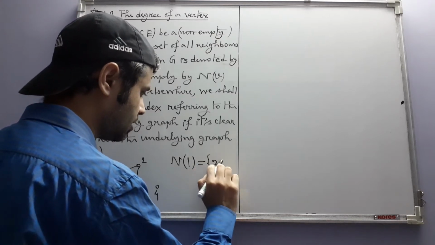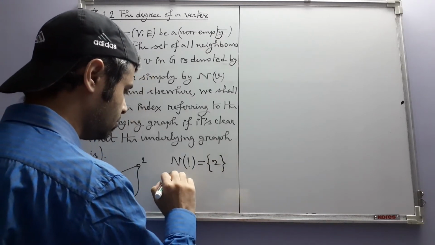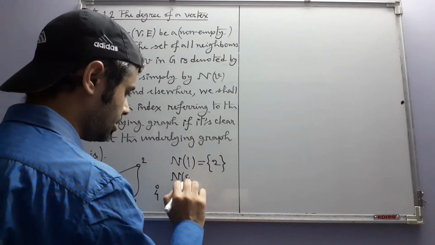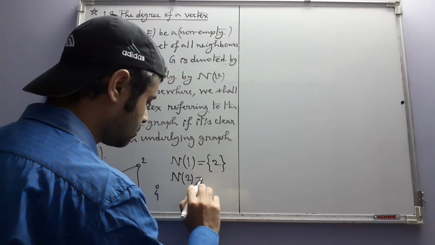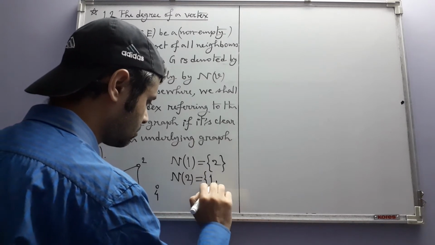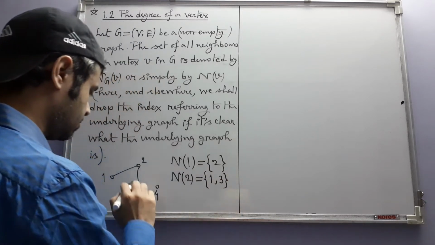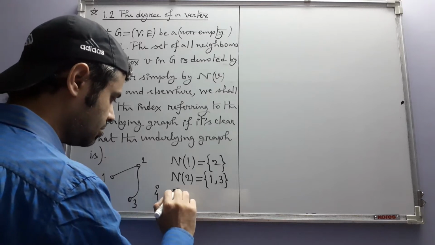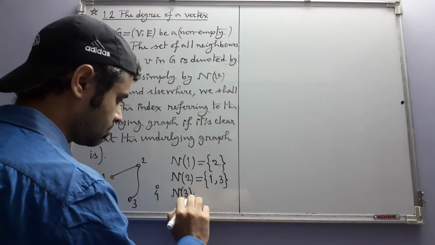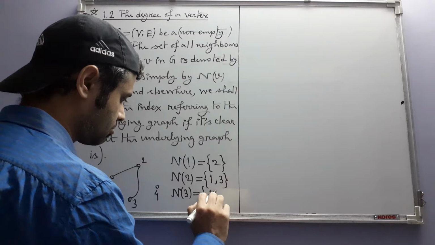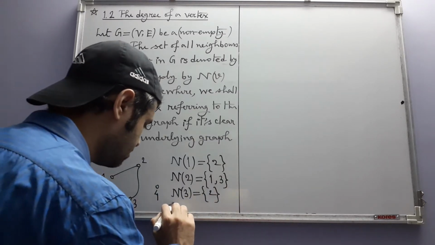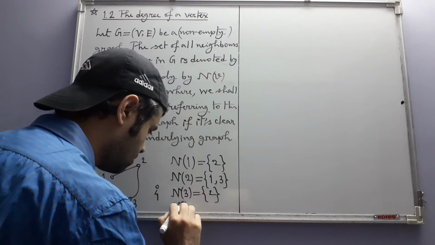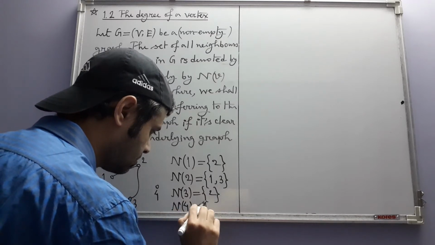So n of 1 is the singleton set 2. There are 2 vertices adjacent to 2, 1 and 3. One vertex adjacent to 3, that is 2, and no vertex adjacent to 4. So the set of neighbors of 4 is empty.